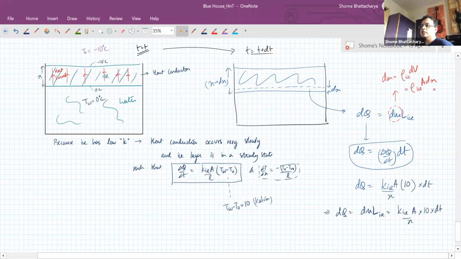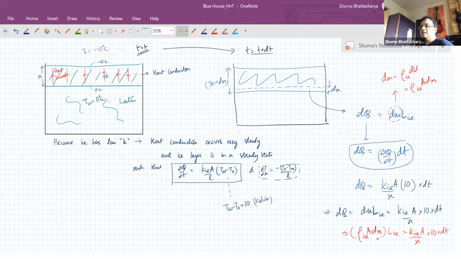The uniform area of cross section into thickness. Okay. So further we can write this as dm, density of ice into area into thickness dx, into latent heat of ice is equal to thermal conductivity of ice into that same area by x into the temperature difference, which is constant, but into time dt.